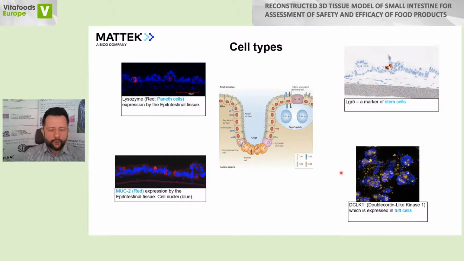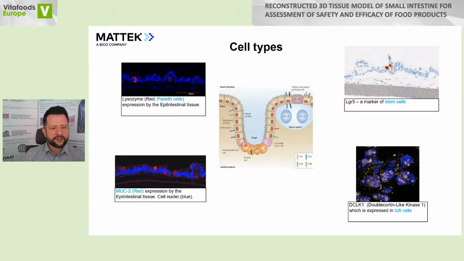As we all know, the cell composition of the intestinal epithelium consists of several types of cells, besides the enterocytes, which is the main component, which plays a role in the absorption mostly of the nutrients and drugs and so on and so forth.